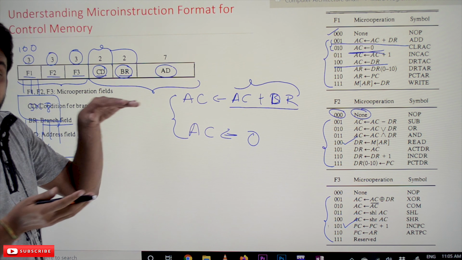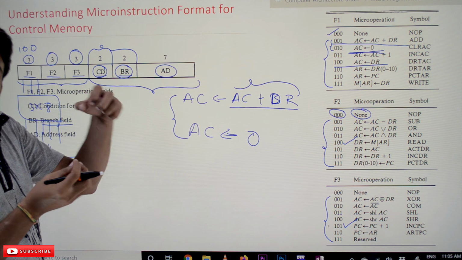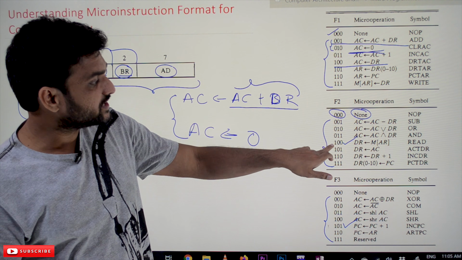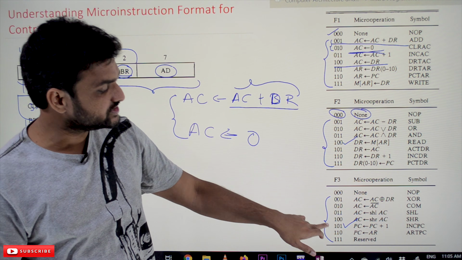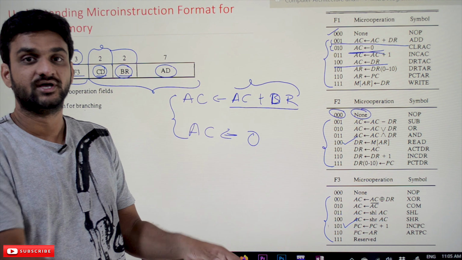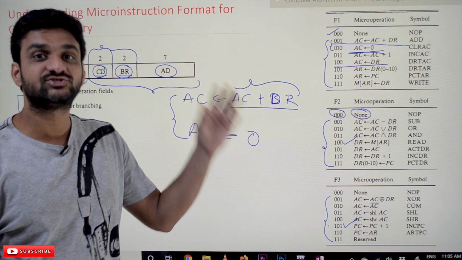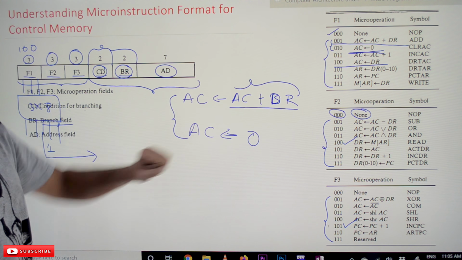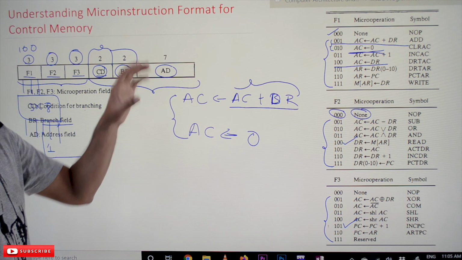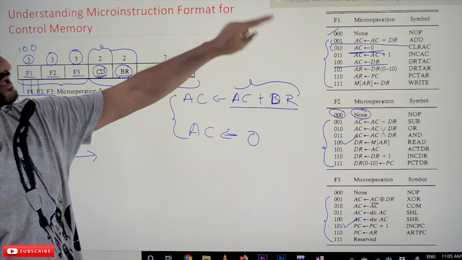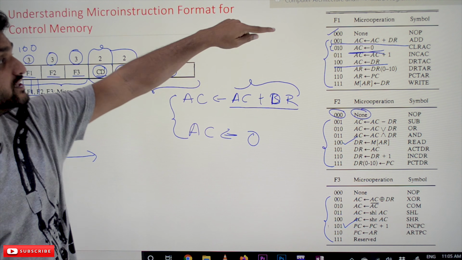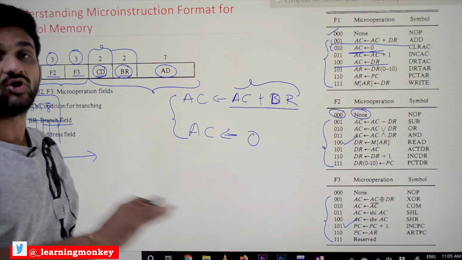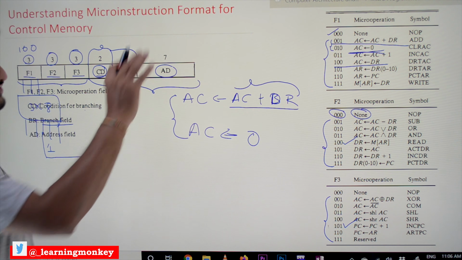So the micro instruction is designed in such a way that only this operation has to be executed and this operation has to be executed. None of the other operations has to be executed from this group. So in that case, if no operation has to be executed in any group, then 000 has to be provided, which means that no operation has to be done from this group.